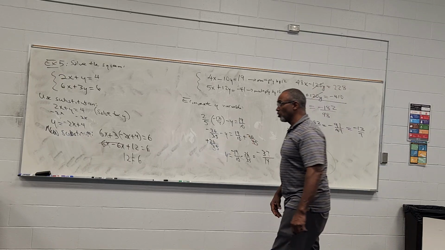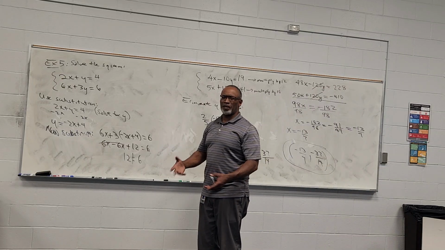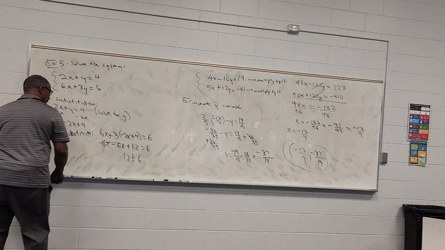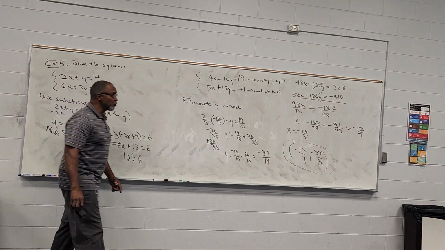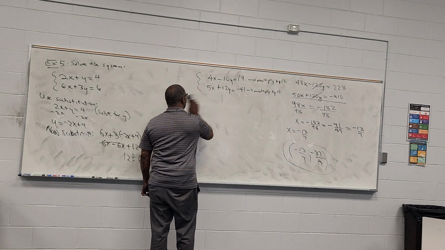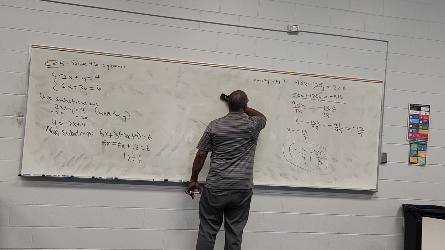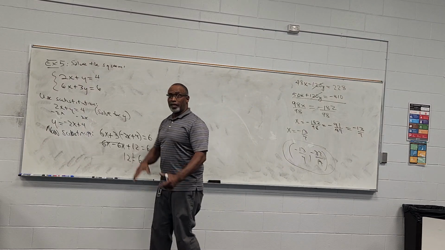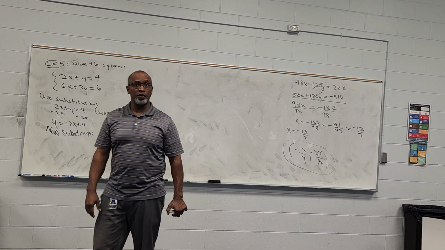So we tried our normal solving. I would have run into the same type of problem if I had done the addition method. It doesn't matter which method you choose. But when I went through my method, I wound up with a false statement. Remember we said there are 3 possibilities for 2 lines in the plane. They can cross at a unique point and we get a unique solution like we did here. They can be parallel and never cross, right?